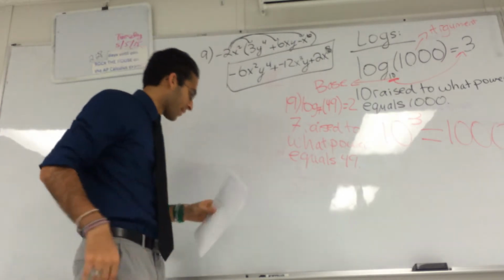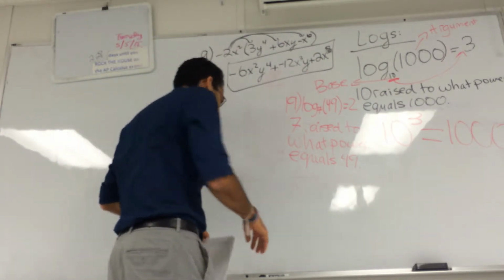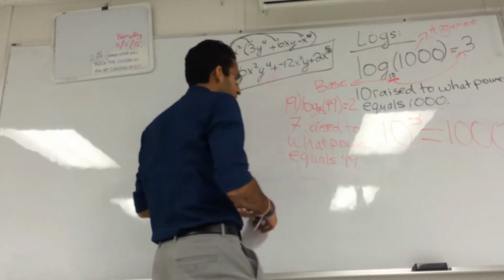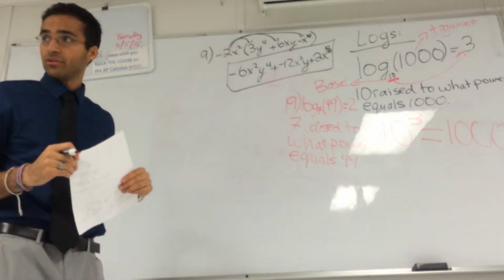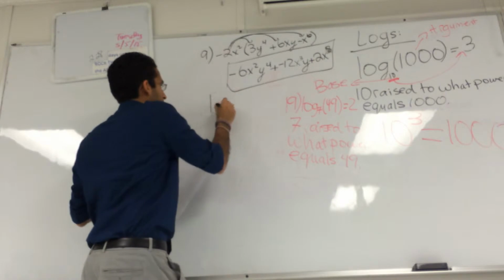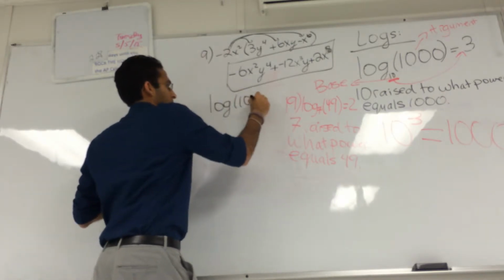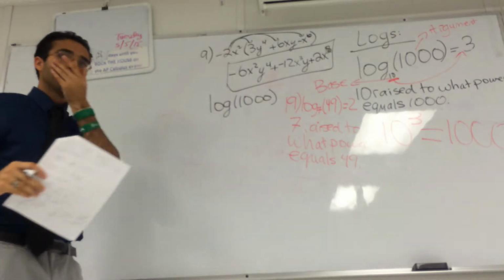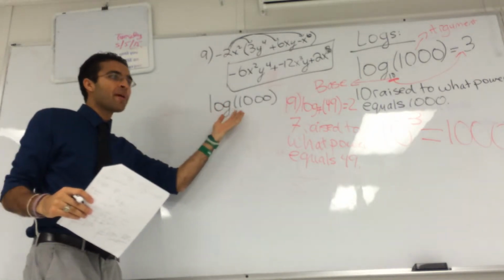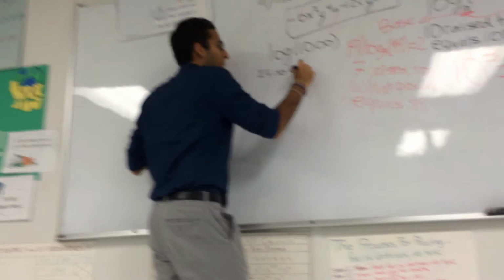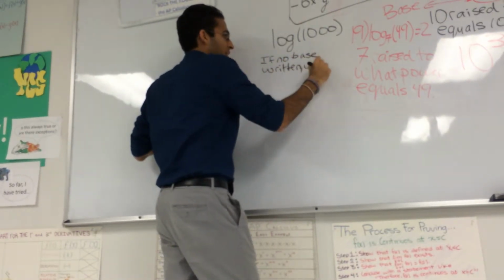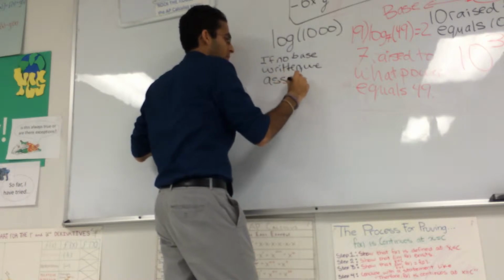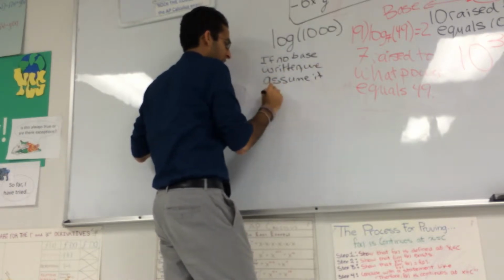Now, let's identify a couple of things. Sometimes they will not write the base. They might just write this. If no base is written, we assume it is 10.